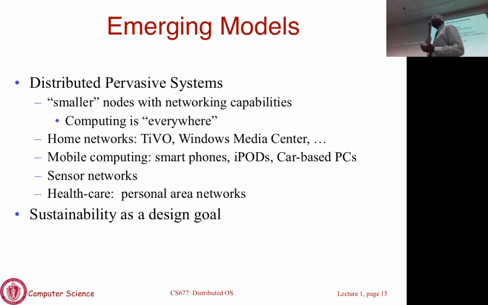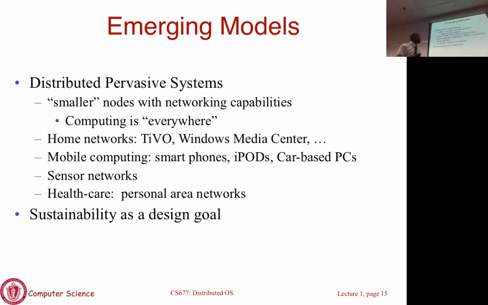That sensor can also signal a system that controls the air conditioning in the room, and if there is nobody in the room, it will not cool the room anymore and waste energy. This is an example of a distributed system because there are sensors, they have computing, they have networking capability, they talk to other machines. Now you don't think of these as distributed systems, but they are in some shape or form.